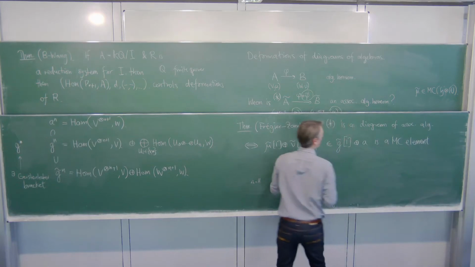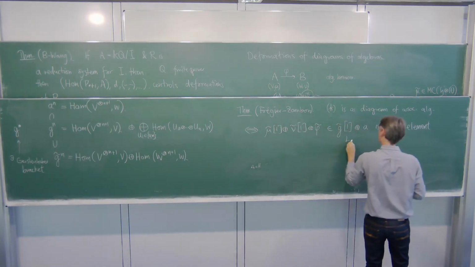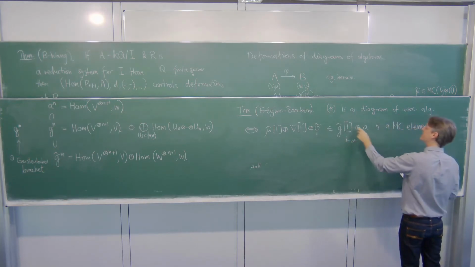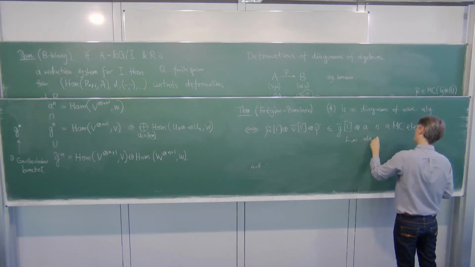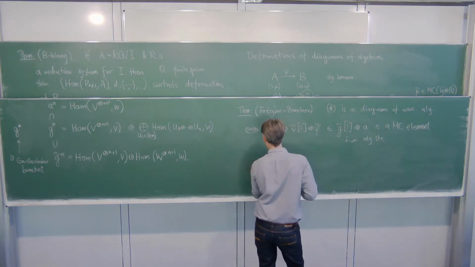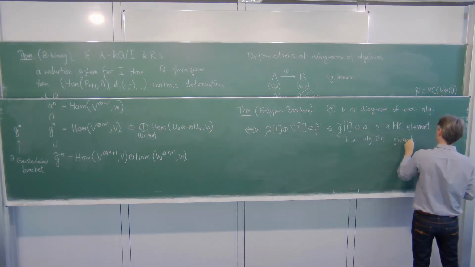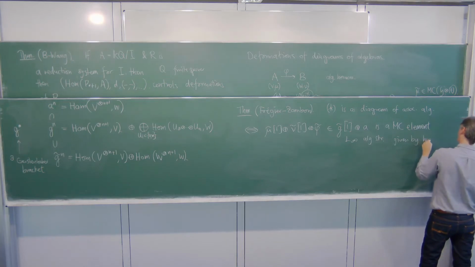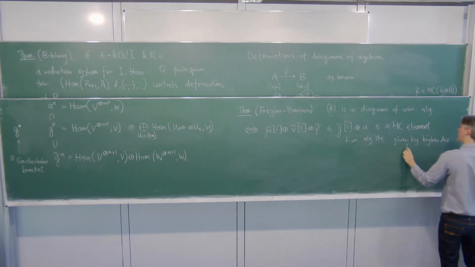And this graded vector space has an L-infinity algebra structure, which can be given by higher derived brackets.